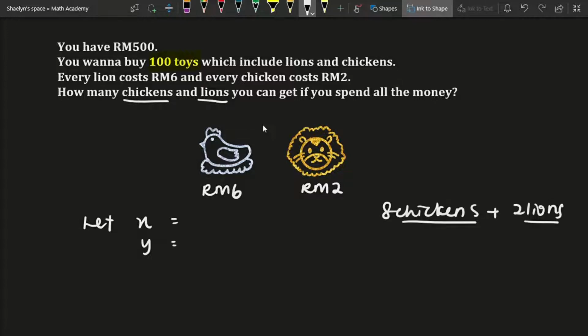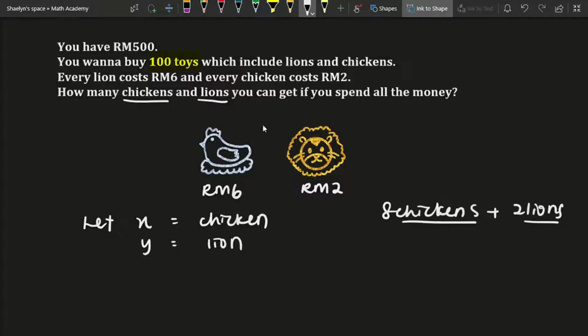So in this case, we can simply put x as chicken, y as lion. Of course, you can also say x is lion, y is chicken, or you can also not use x and y, you can use C and L if you find it easier to remember. C stands for chicken and L stands for lion. It's totally up to you.